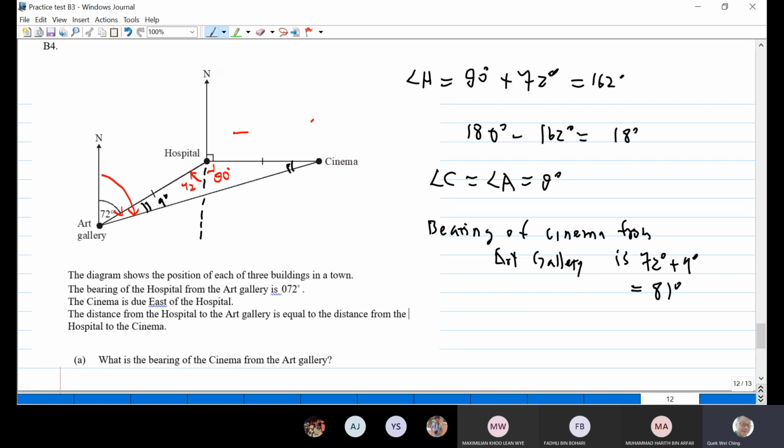How do you do a bearing question? I will not disclose too much here. I always draw a triangle for you, so that you don't need to worry, and then you just work on that triangle, right? So this is our bearing question.